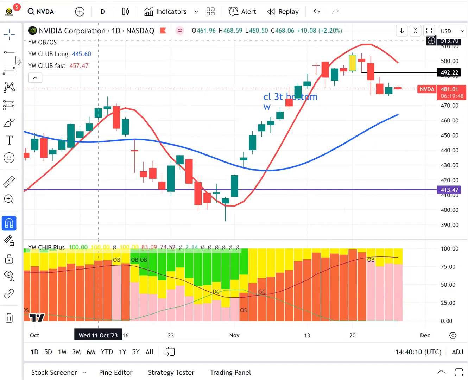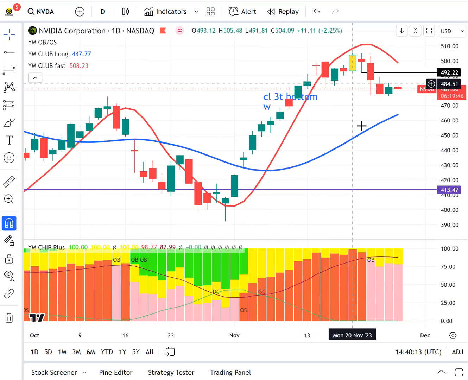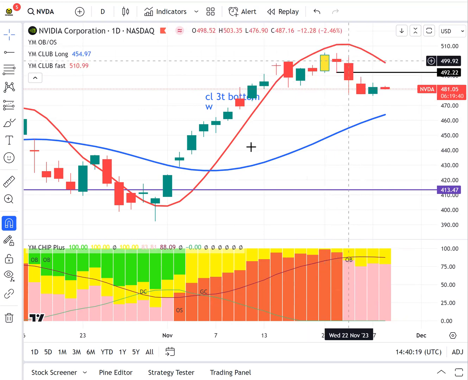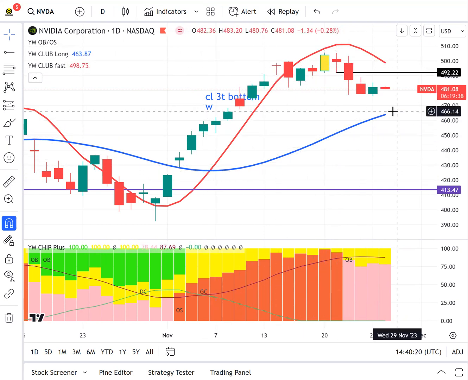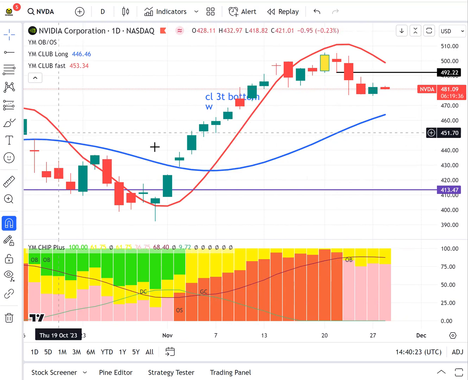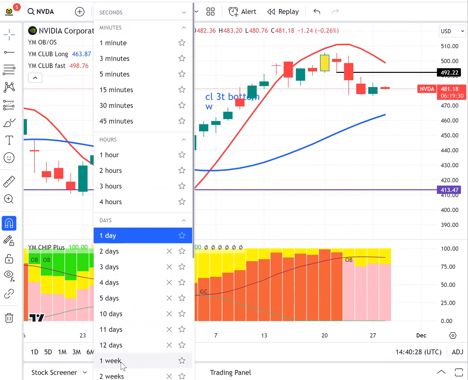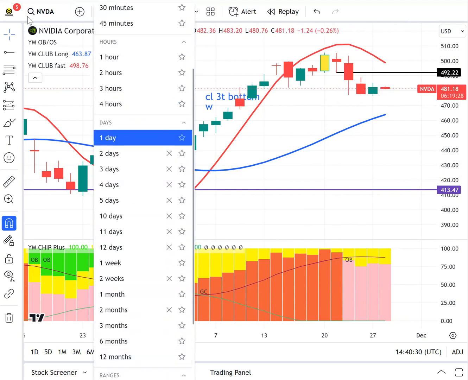I will make one video just for NVIDIA, but if you hold NVIDIA, if you're a swing trader, not a long-term holder, you need to be careful about this price. For the long-term holder, you just follow the blue line. This strategy is mainly for swing traders. If you're a long-term holder, you use the weekly chart and monthly chart.